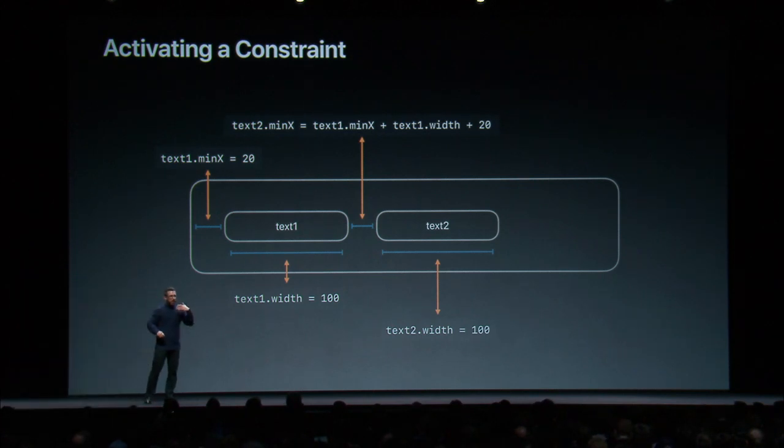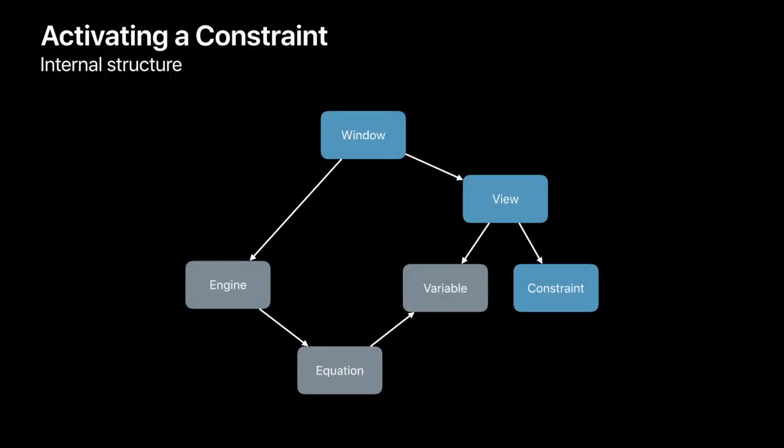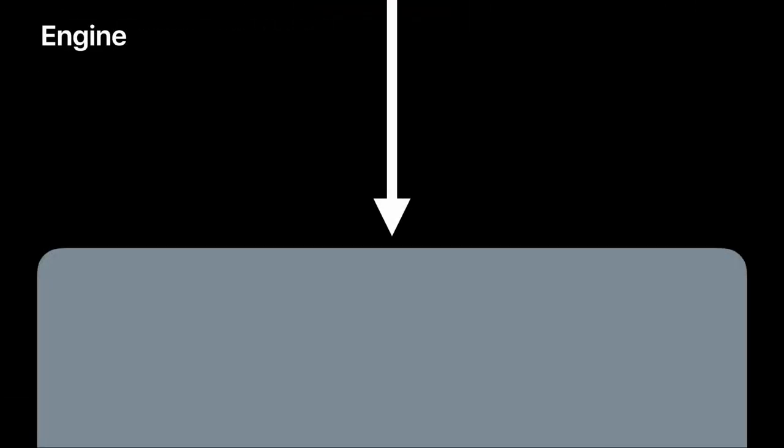OK, then each of those equations needs to get added to the engine. And we're actually going to follow along that process, again, with the goal being to have a good feel for the performance characteristics. What is happening when we do this?